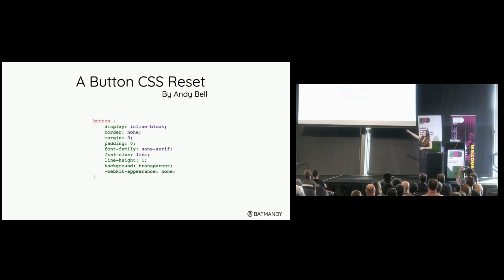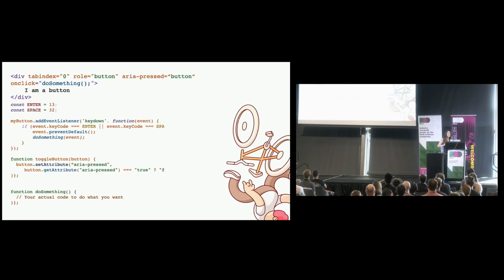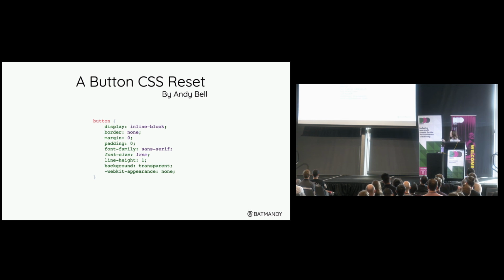But I'm going to pause for a sec. You can just Google this, a button CSS reset by Andy Bell. Copy that into your page for your CSS, and then just use the button and sort it. This will make it back to nothing, and it'll be like it's a div visually for you, rather than doing this, which is a lot more than this. So please use a button.